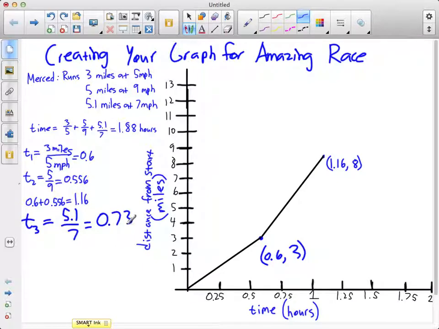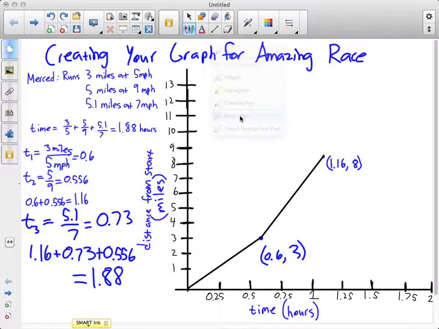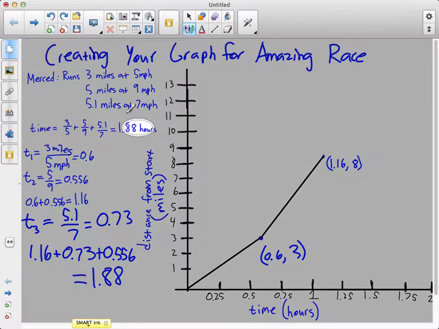Oh, you know what? In fact, since I know how long it took him to finish the race, 1.16 plus 0.73 is going to equal 1.88, which is how long it took him to finish the race, because that's the last leg. There's the 1.88 that we already found.